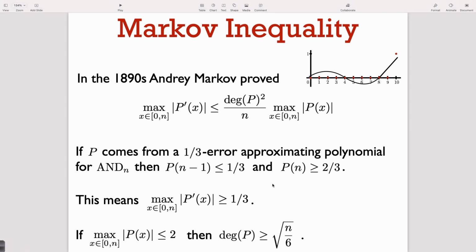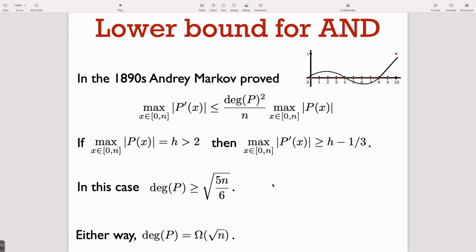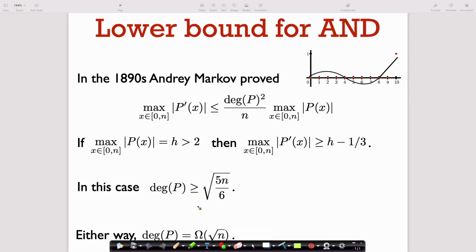Now let's consider the second case, that maybe the polynomial somewhere jumps out of this window. So suppose that the maximum value of the absolute value of p on the interval between 0 and n is actually h, which is bigger than 2. So in this case, we can actually get a better lower bound on the derivative of p. And why is that?